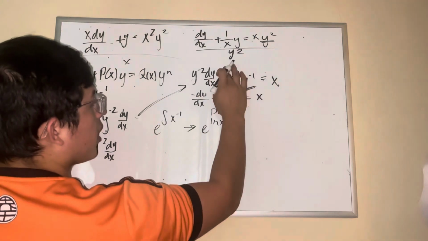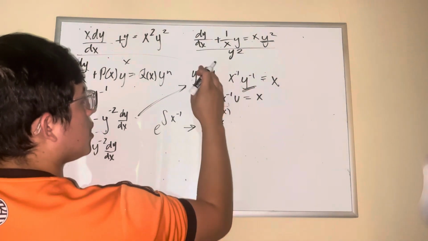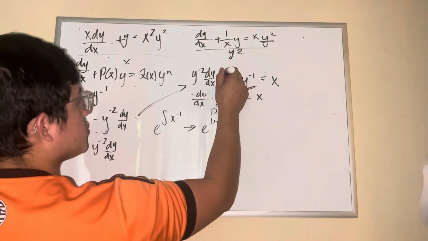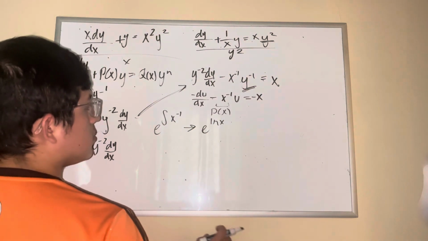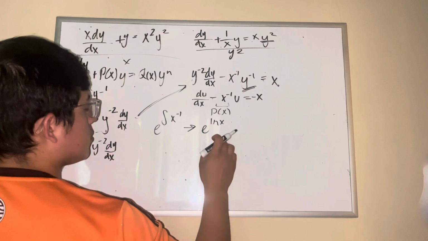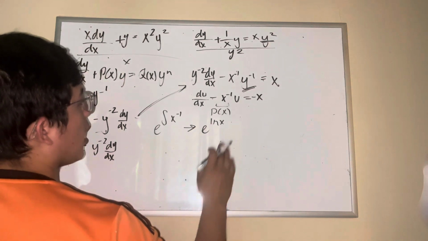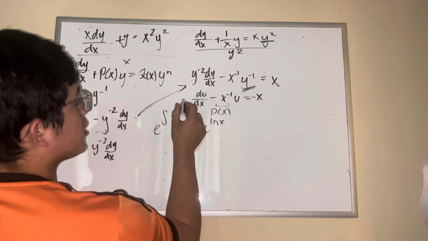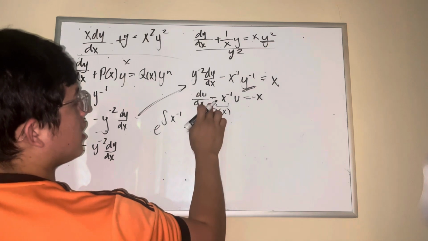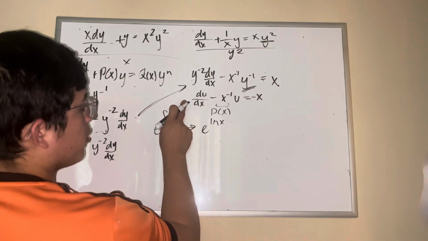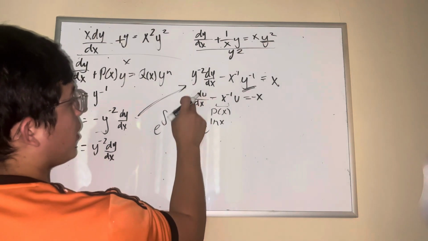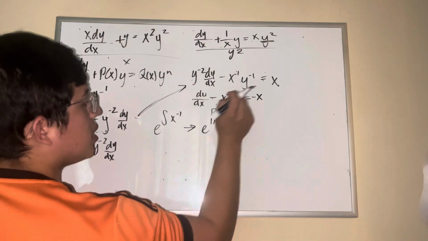Oh wait, I forgot to carry this negative. I apologize. Because this was negative, we had to switch the signs for everything, to make it positive and put it in the right form. So instead of this being negative du, we multiply by negative 1 to get positive du, negative x, negative x.